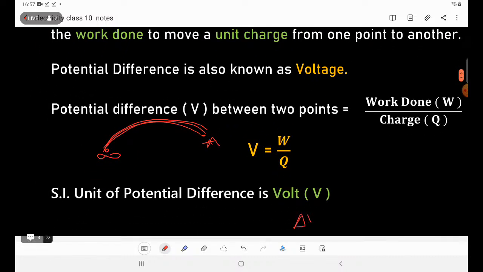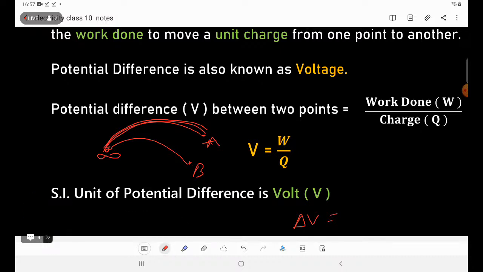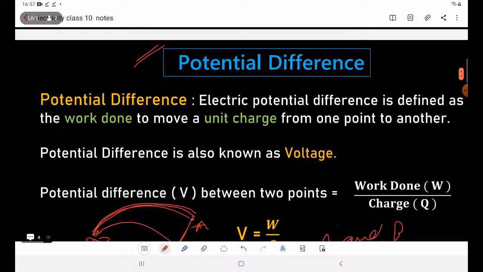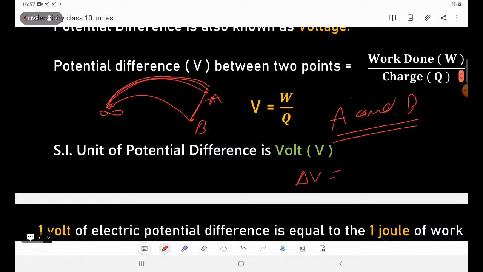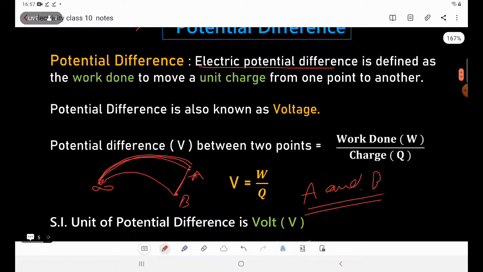When we talk about potential difference, there are two points, A and B, and we take the difference between the A point and the B point. But if they give only one point, you have to find only that one point. Remember this, guys.